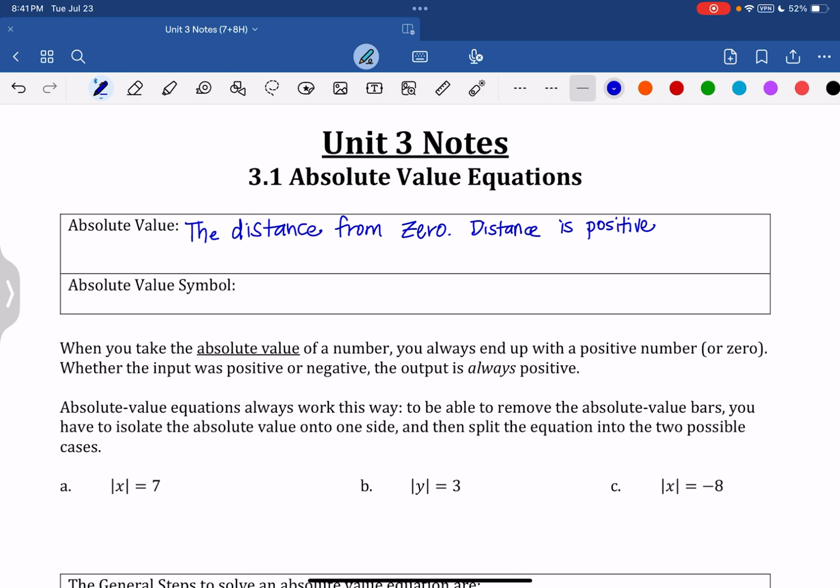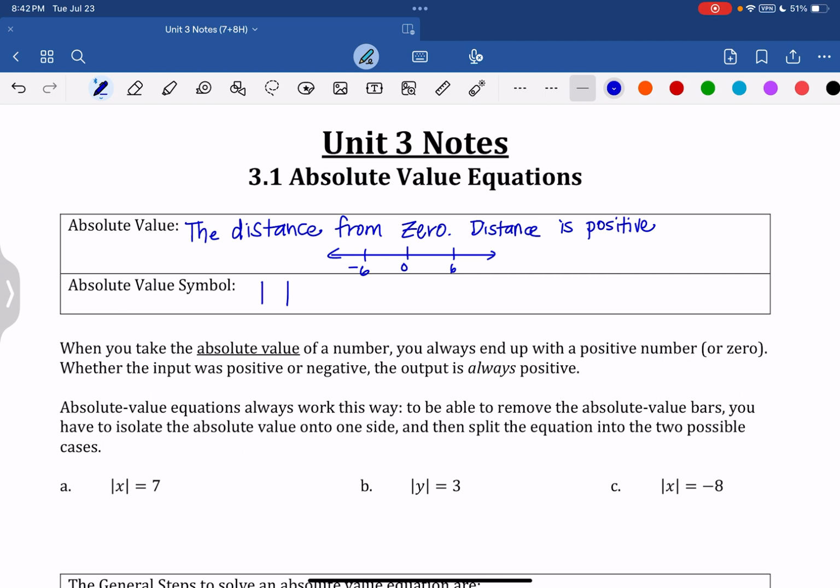But as you recall, if we're looking at a number line, if I have 0 here and I have positive 6 over here and I have negative 6 over here, those are the same distance from 0, but there are two possible answers that would give me that same absolute value. And the absolute value symbol, again, is those two vertical lines on the outside of our expression.